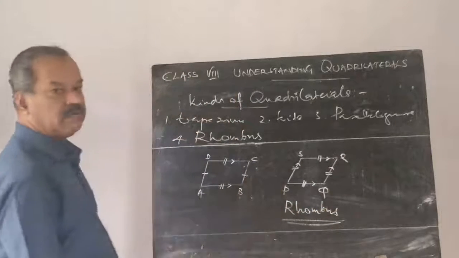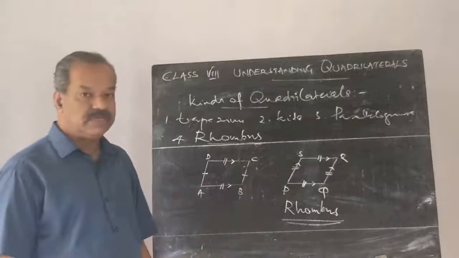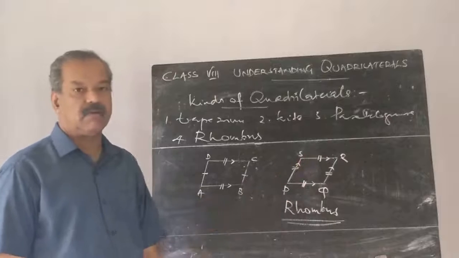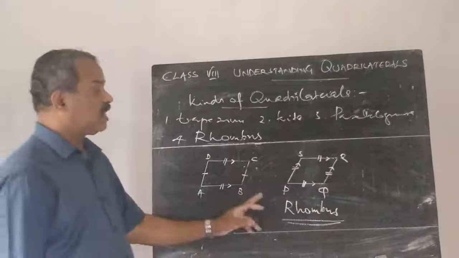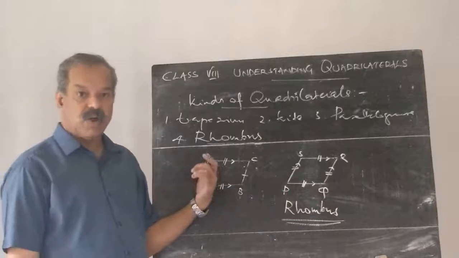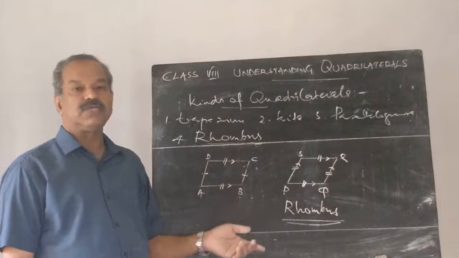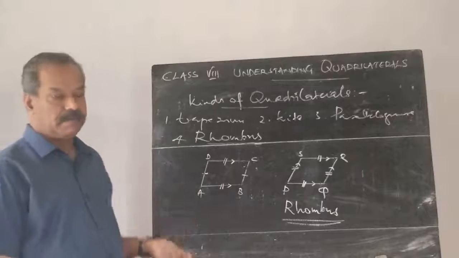So what is a rhombus? A rhombus is basically a parallelogram in which all the four sides are equal. What is a parallelogram? Parallelogram is a quadrilateral in which both pairs of opposite sides are parallel and equal. What is a trapezium?